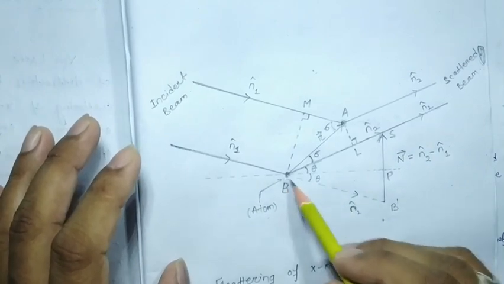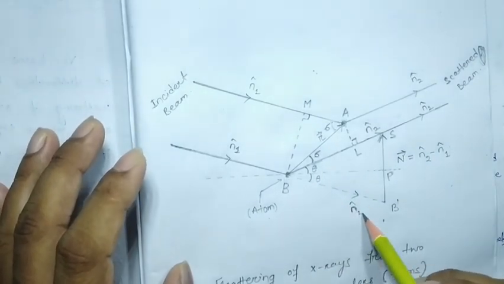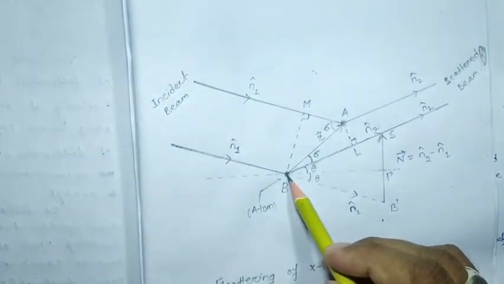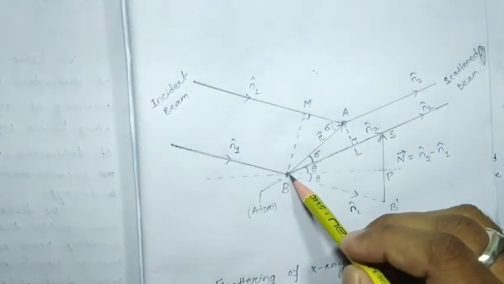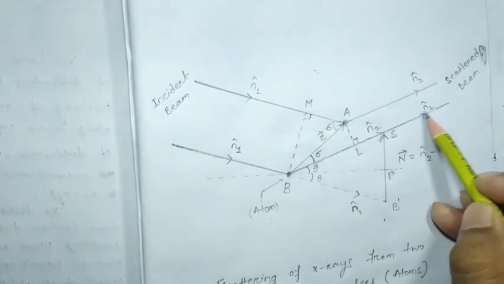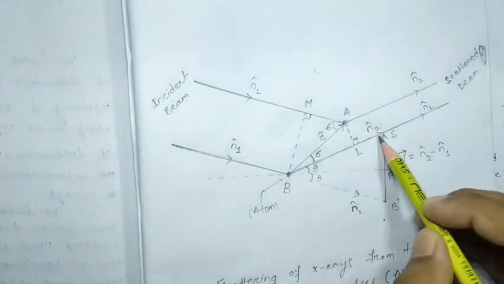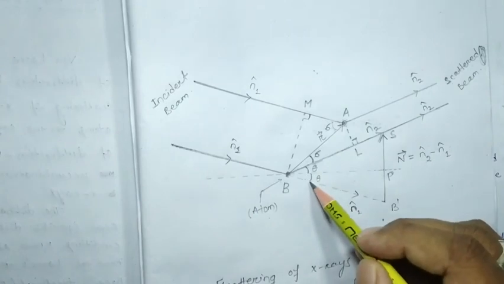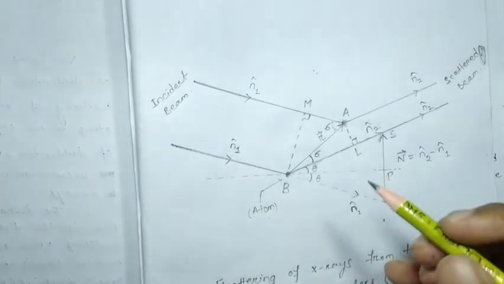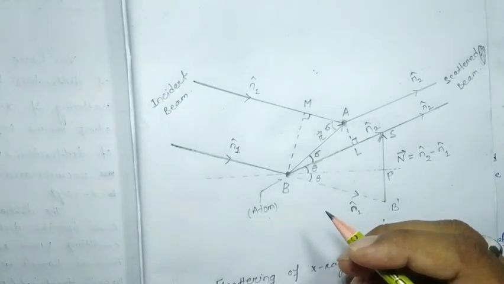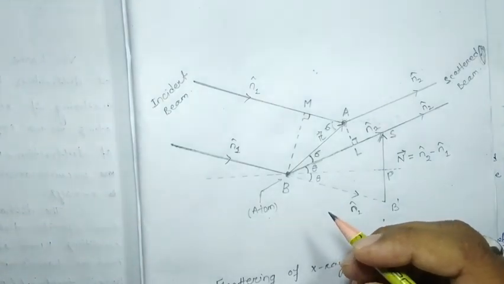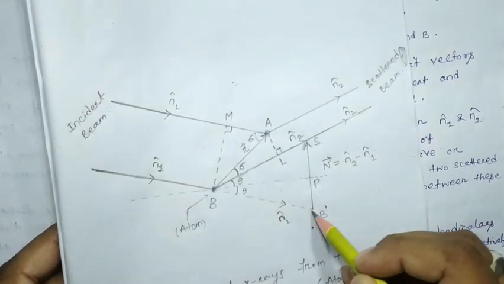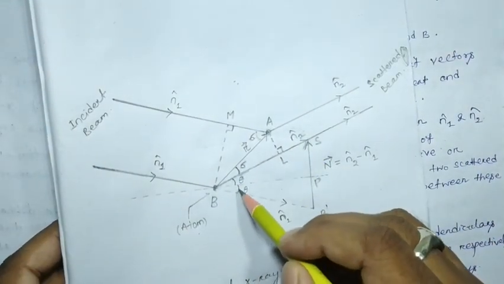This dotted line B to B dash can also be called n1 cap, without any reflection or diffraction from point B. Since from point B it is diffracted along this way, the BS direction, or we can say n2 cap, this whole angle will be 2 theta, the diffracted angle. So 2 theta is the angle between n1 cap, this direction, and n2 cap, this direction.